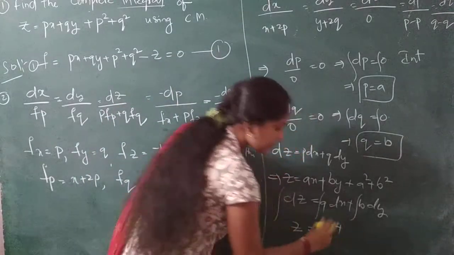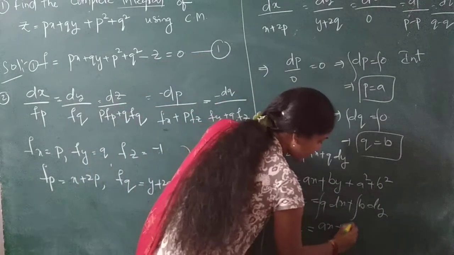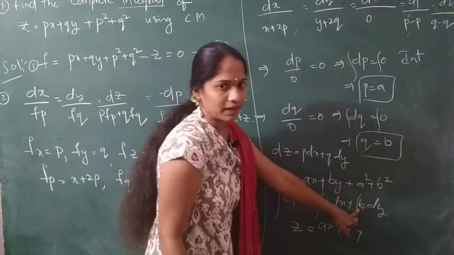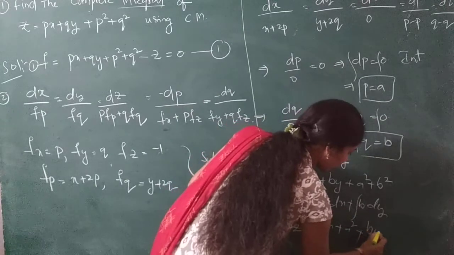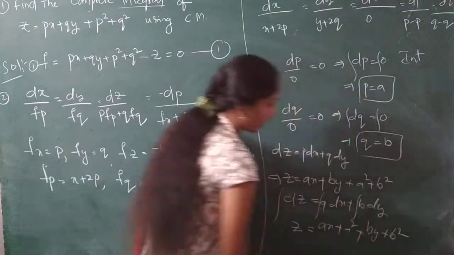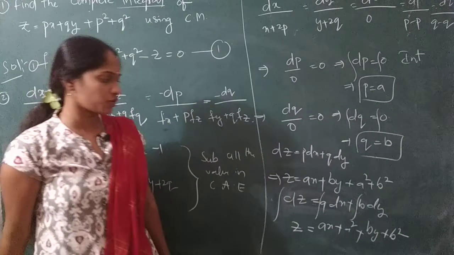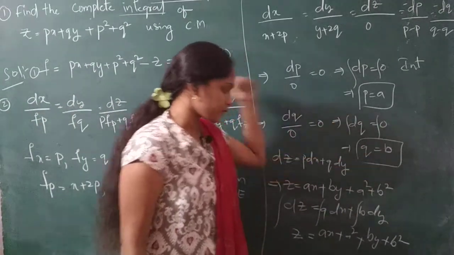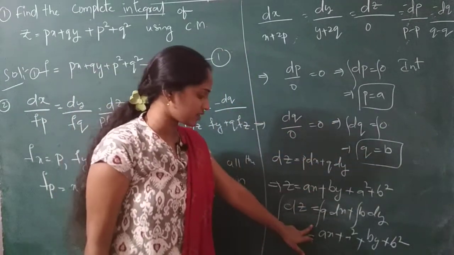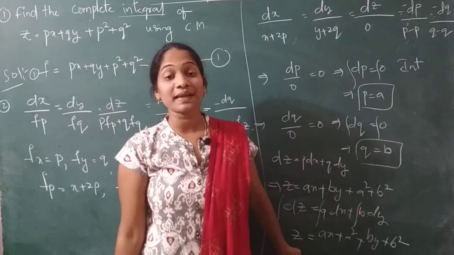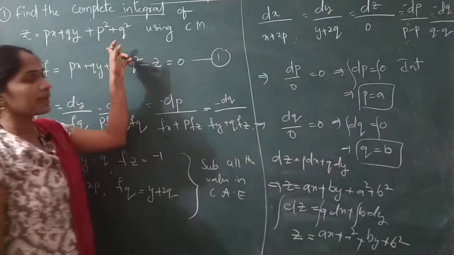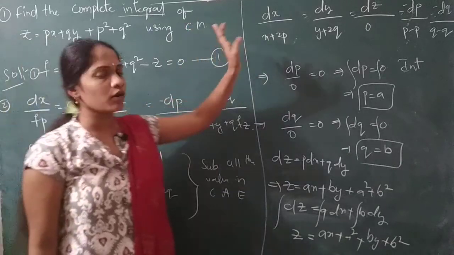Here ax and some integral constant. If you take b outside of the integral, that is by plus some b square, which is some integral constant. So whether you substitute directly or substitute like this and integrate, this is your complete solution of the given PDE by using Charpit's method.